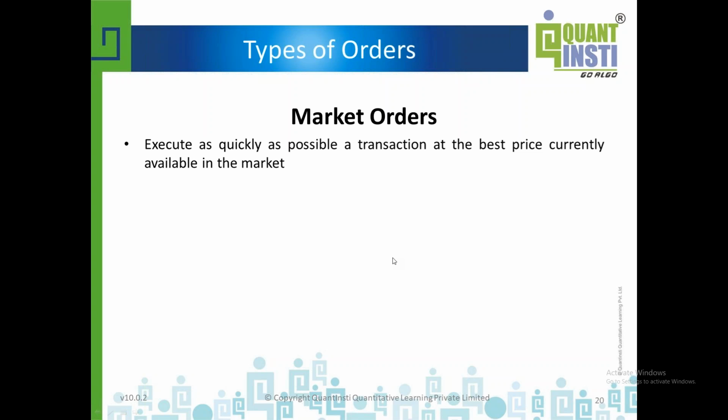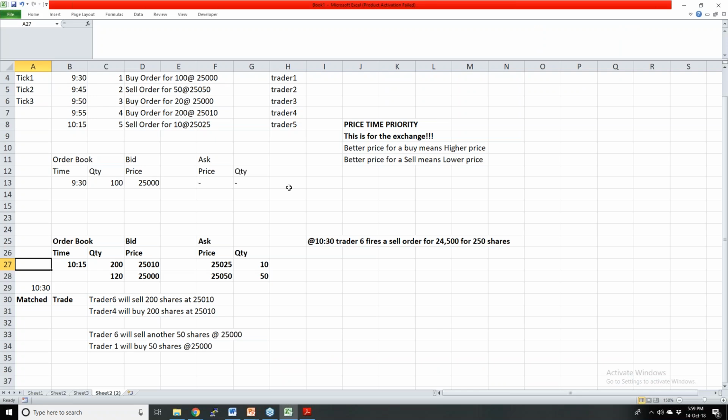So market orders are those orders which will get immediately executed. For example, this order of trader 6 was a market order, because as soon as it hit the exchange, it got executed. So that's a market order.